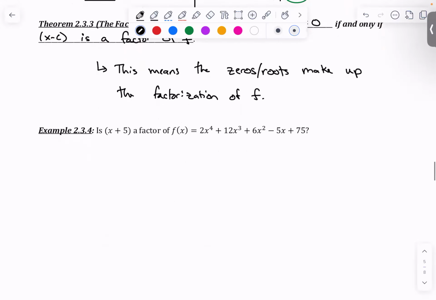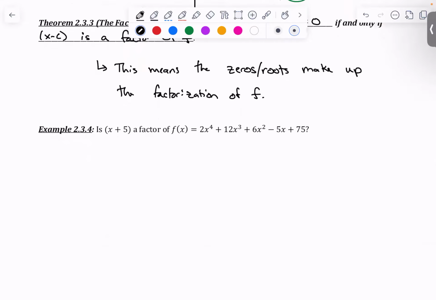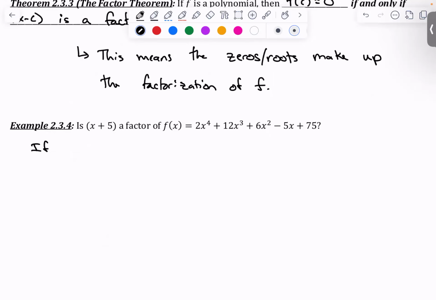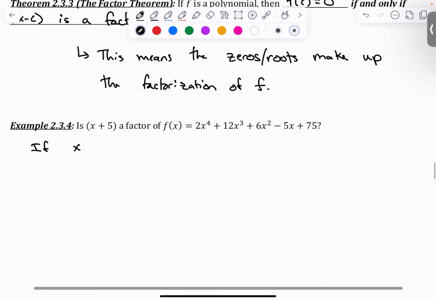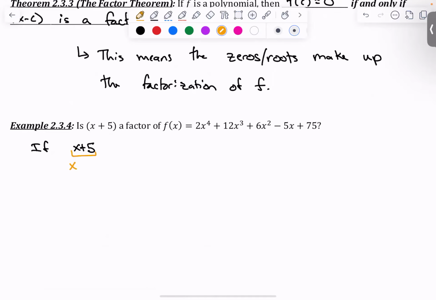So for this one, is x plus 5 a factor of f of x equals that? Well, if x plus 5, which I'm going to write right beneath it, this is x minus negative 5, because we're going to use synthetic division here in a second.